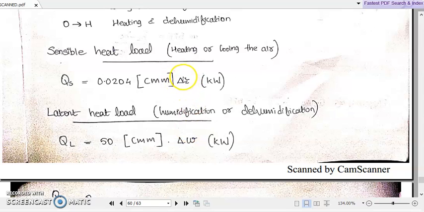Delta T was for the change in the dry bulb temperature, and that was giving us the sensible heat load. Here for the latent heat load, we are not considering the change in the dry bulb temperature, but we are mainly focusing on the change happening to the content of water vapor. Is there any humidification or dehumidification happening? That is the delta omega. This value will also be in kilowatt.